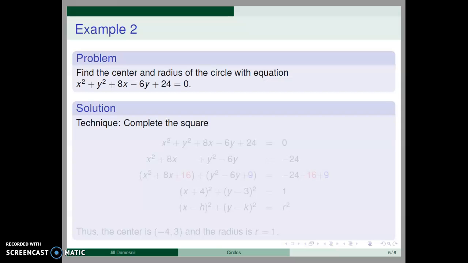Recall that we complete the square on an expression of the form x squared plus bx or y squared plus by. We begin with the given equation and rearrange the terms on the left-hand side and move the constant to the other side of the equation. Now we have the correct forms to complete the square. We add 16 and 9 to both sides of the equation.